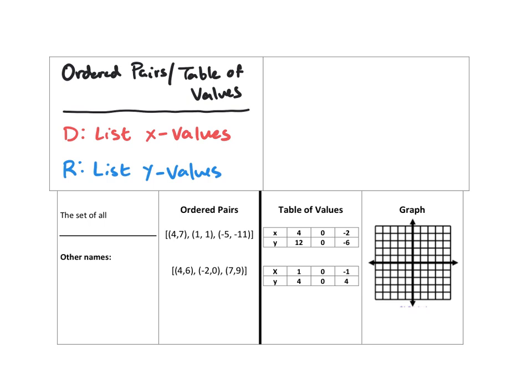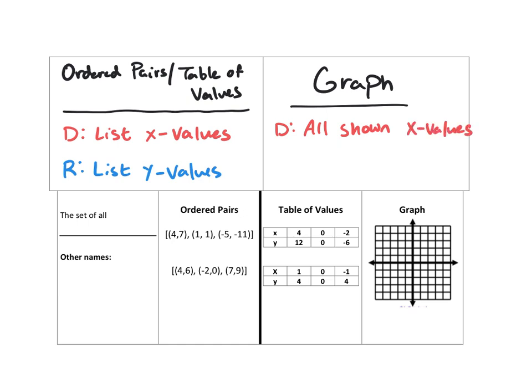Now, the other way that you are going to be asked to find the domain and range is if you are given a graph. That'll be the third way. To find the domain, you just have to list all shown x values. What that means is if you're given a graph, it's just about finding those x values.